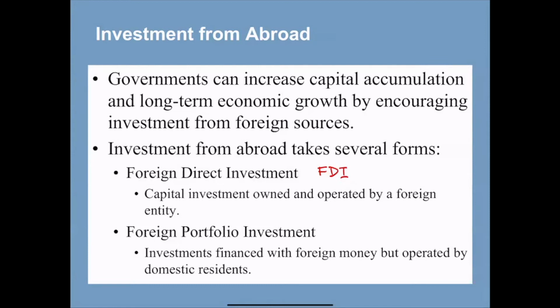Not only in the car business, actually there are others like banking system, IT, and so on. In this case, if we talk about FDI, we should look at the capital investment that is owned and operated by foreign entities. So we expect that there will be some knowledge spillover from this, and this will result in capital formation and human capital formation in the economy.